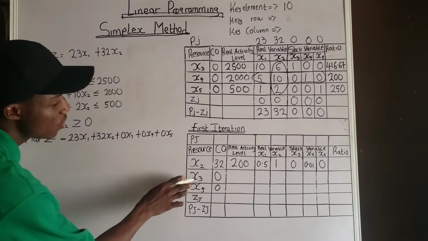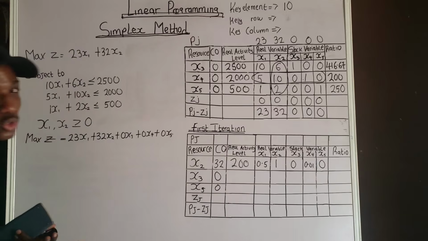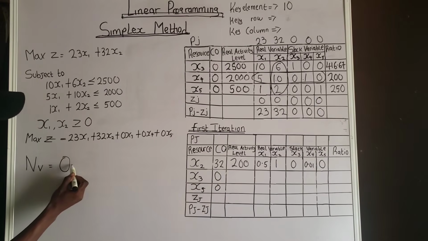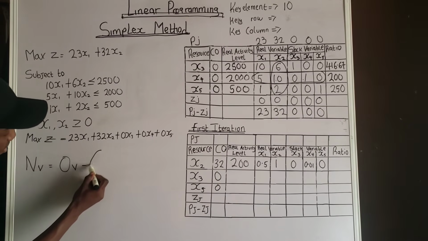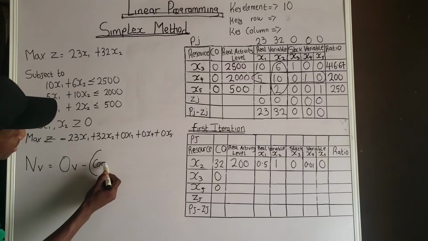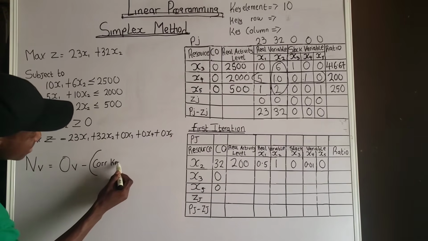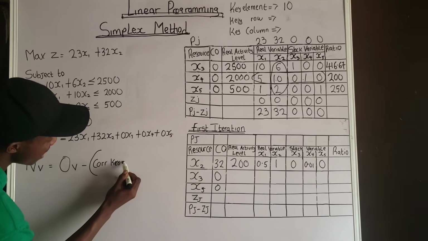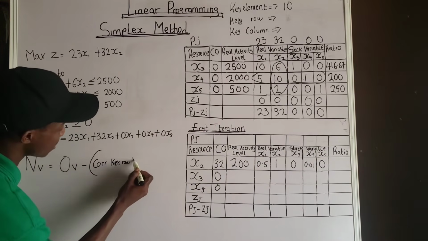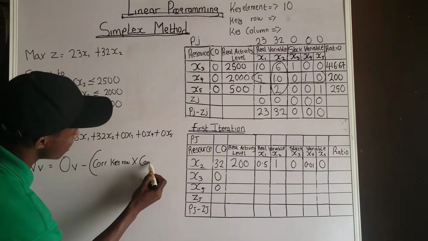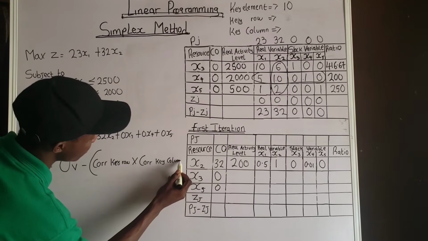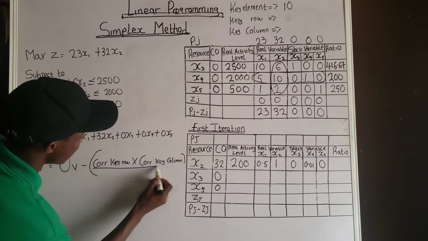To get the new value of this row x3 now, I'm going to give you this formula. The new value, let me call it NV, is equal to the old value, which is OV, minus the corresponding key row element multiplied by the corresponding key column element, all over the key element.